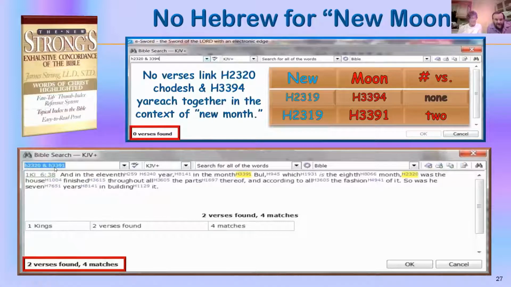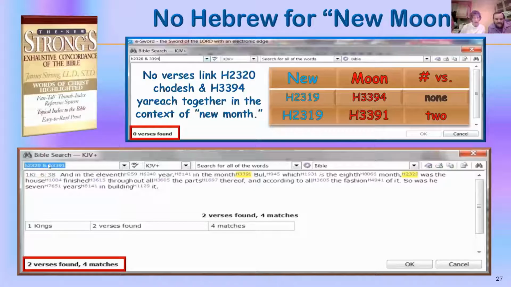Go ahead, yeah. And in the 11th year, in the month Bull, which is the 8th month, was the house finished throughout all the parts thereof, and according to all the fashion of it. So was he 7 years in building it. That's what 1 Kings 6:38 is.